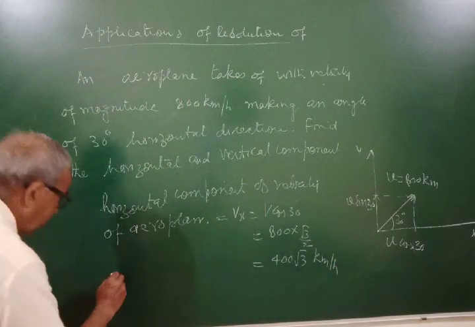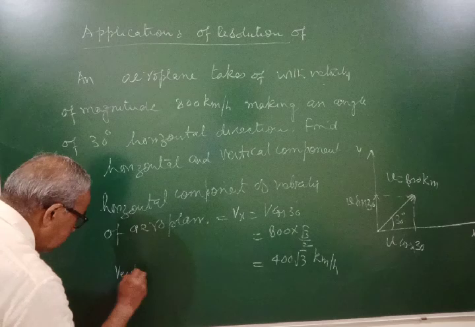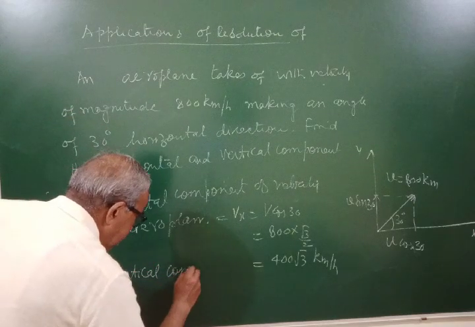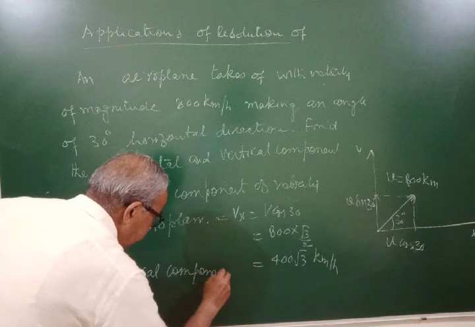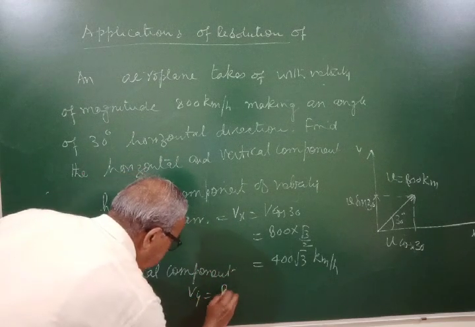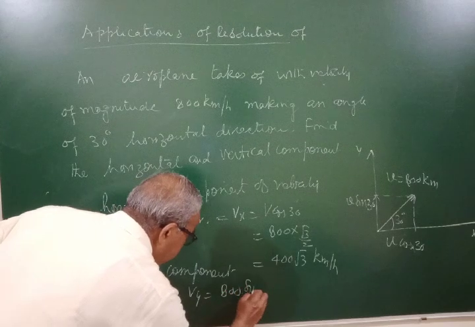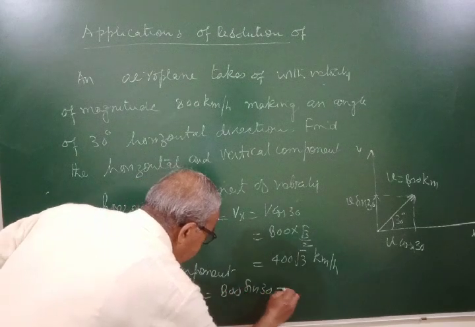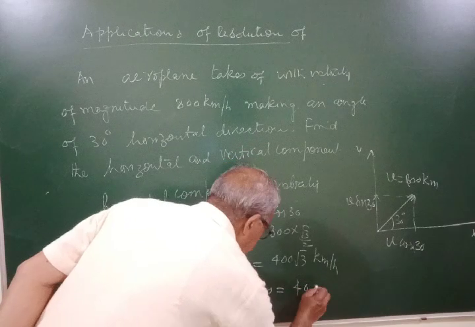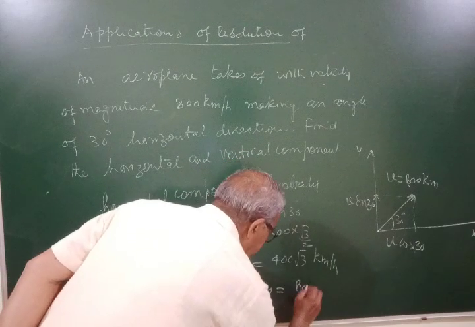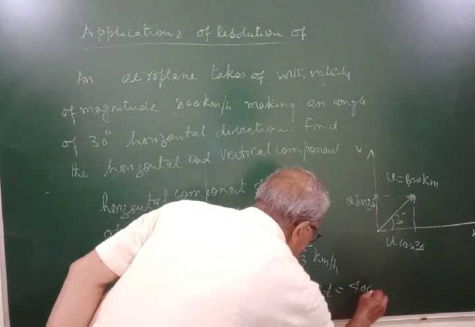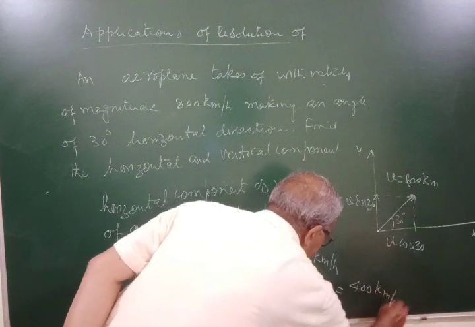While the vertical component Vy is 800 sin 30, which is 800 into 1 by 2, that is 400 kilometer per hour.